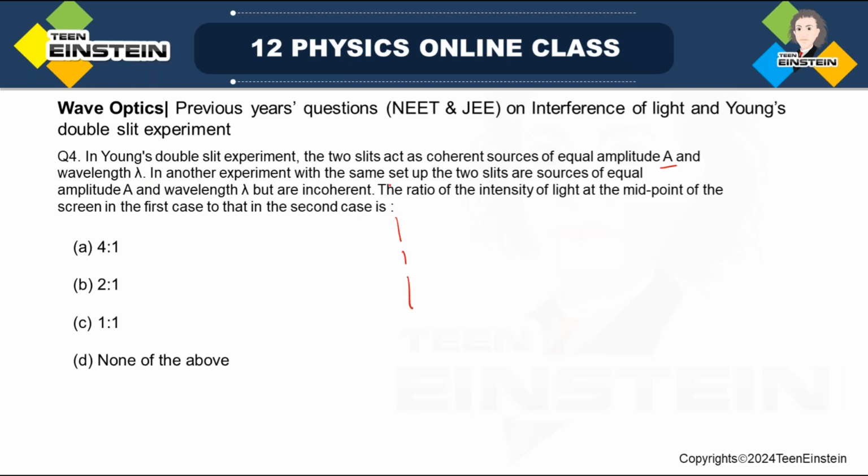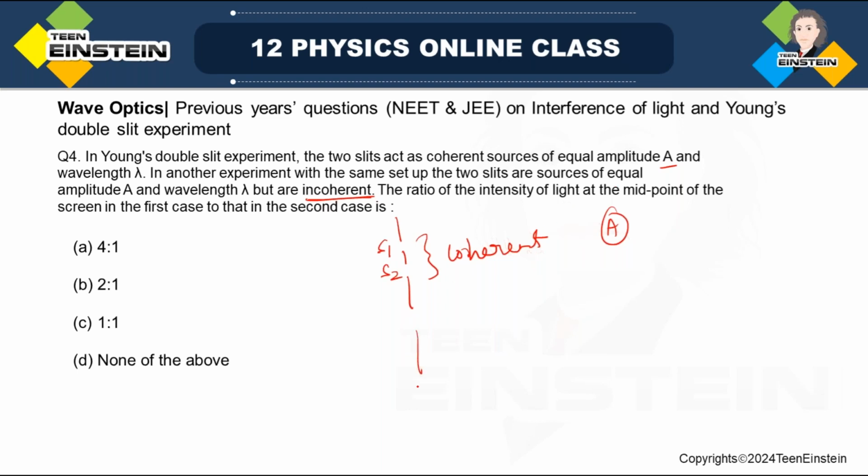In another experiment with the same setup, the two slits are sources of equal amplitude and wavelength lambda, but not coherent. These are incoherent. So I have two setups. See, S1 and S2, these are coherent now. Coherent means they have same wavelength and same amplitude. So in this case, interference occurs, we know.